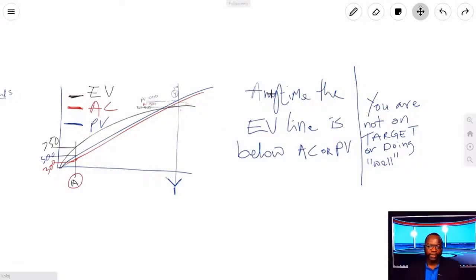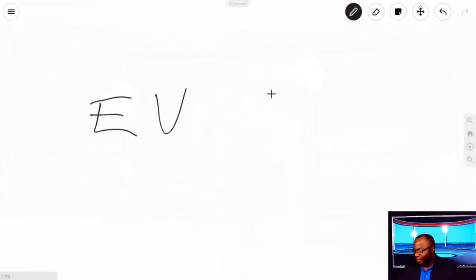Why do I say earned value is king? Because earned value is the boss. Earned value is the boss of the whole show. Didn't you know? Earned value is running the show. Right? You want to talk about the old-time Boston gangsters? EVM takes no prisoners. Earned value takes no prisoners.